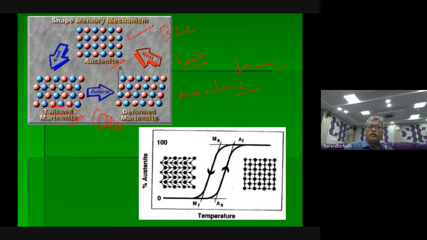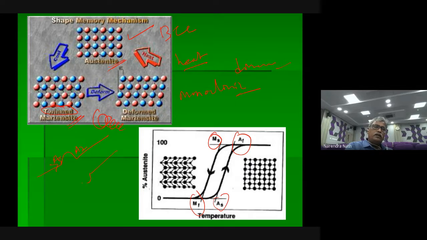Here another one is how martensite start, martensite finish, and austenite start, austenite finish are going to take place. So when I am heating, austenite starts and austenite finishes.